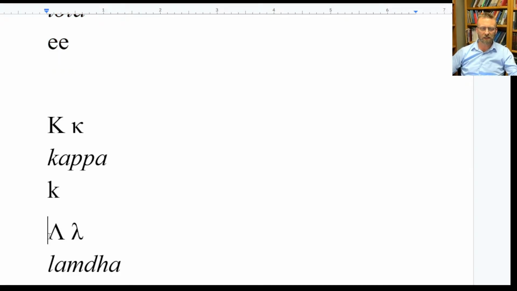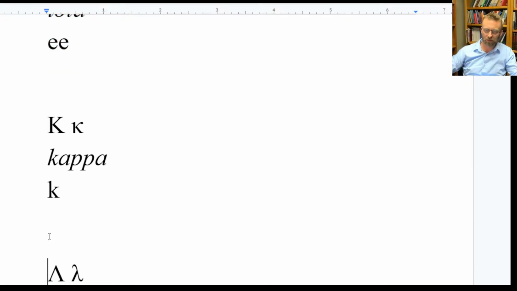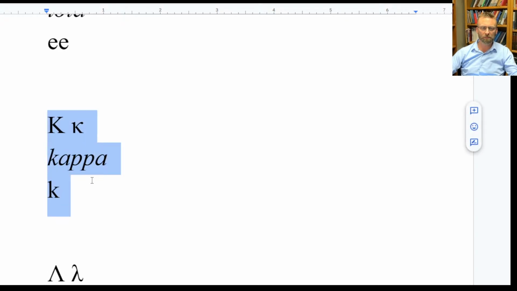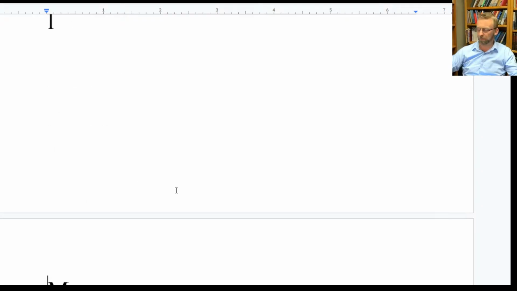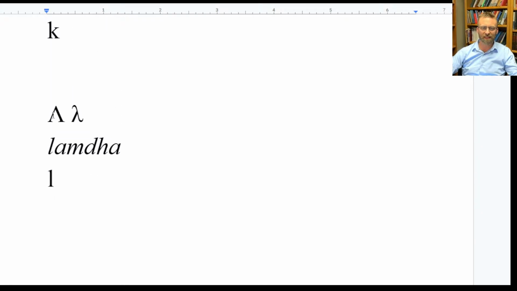All right, next we have kappa. Kappa. Make a K sound. Next is lambda. Lambda. And notice, whoops, sorry, notice I put the DH in there when I transcribed it. Lambda.